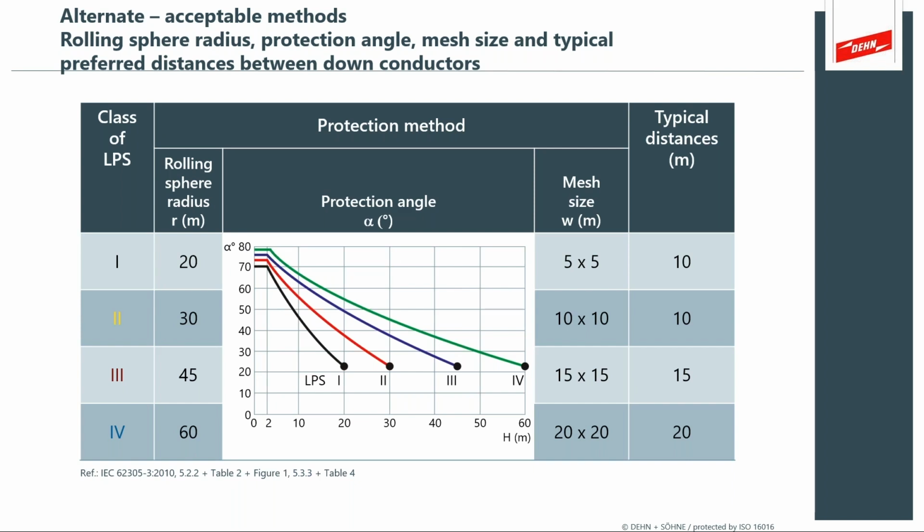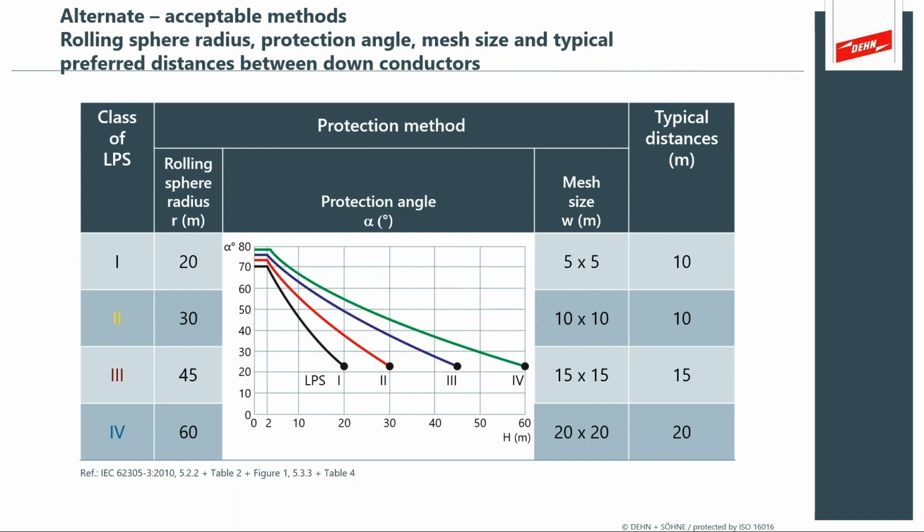There are other methods besides the rolling sphere. There's also protection angle, so you can have a tower and it will offer protection around it. You can have a mesh spread across your building, and that will allow it to serve as a lightning attachment and down conductor system.